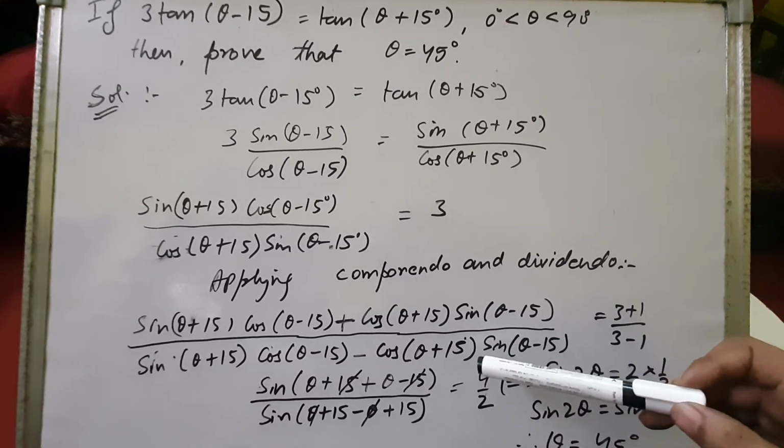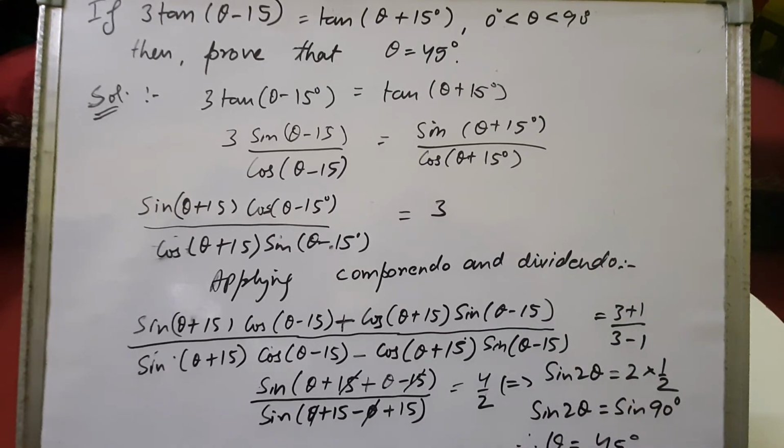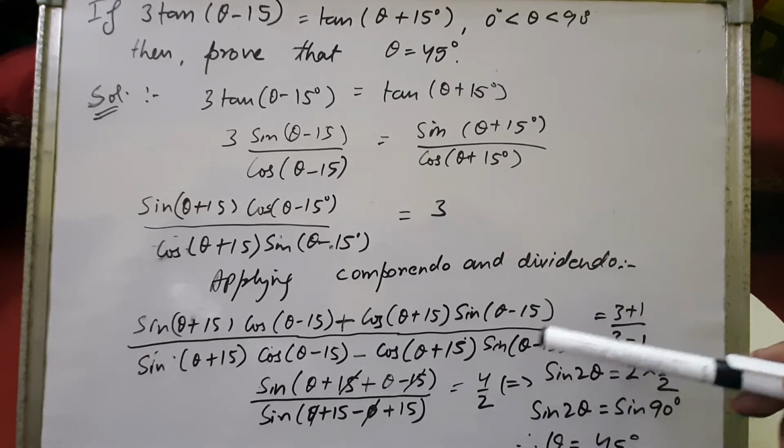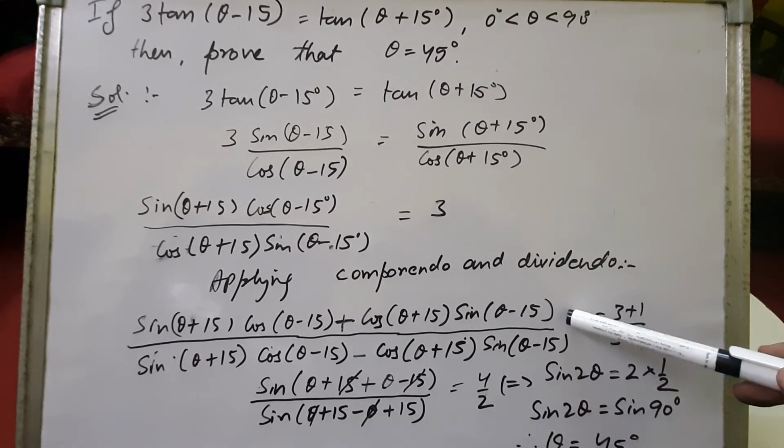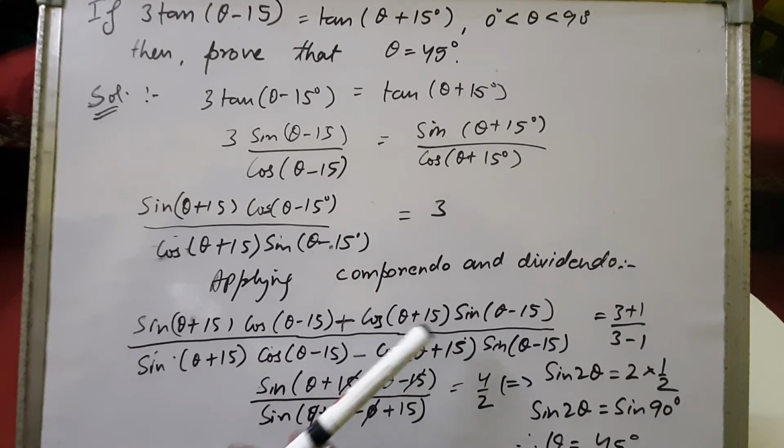Right. In the denominator, we'll get sin (theta plus 15) cos (theta minus 15) minus cos (theta plus 15) sin (theta minus 15). Now you can see that this is the formula which has formed in the numerator and denominator. You can see that it is written sin A cos B plus cos A sin B, and in the denominator again it is written sin A cos B minus cos A sin B.